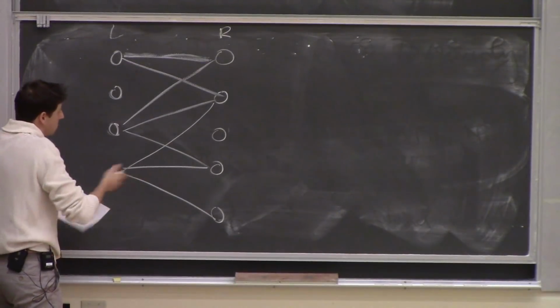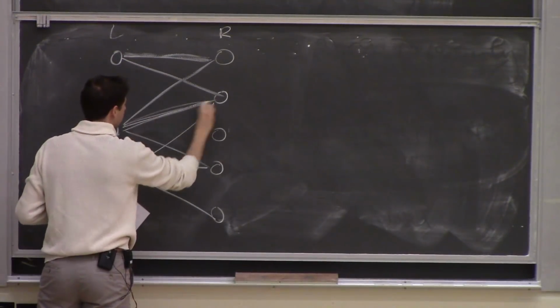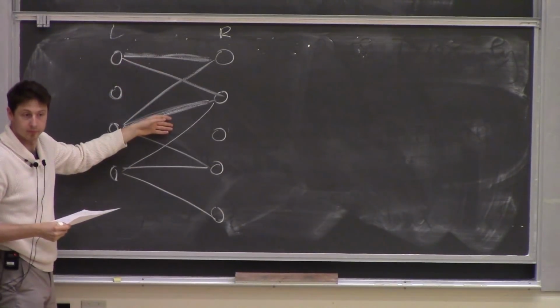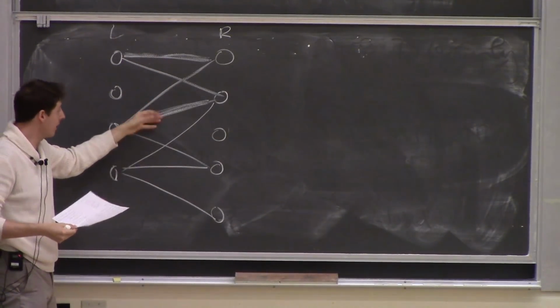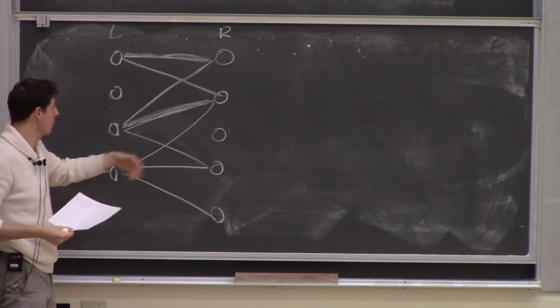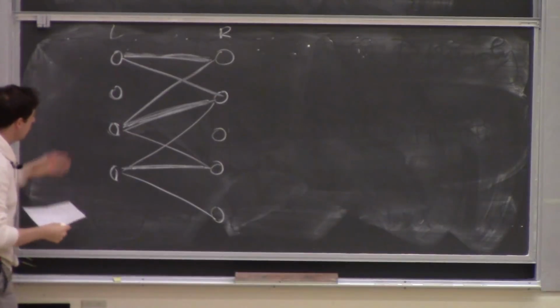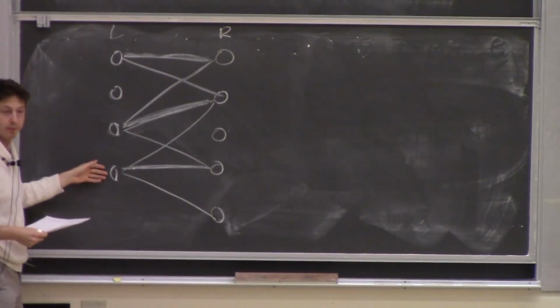So I could continue and say, okay, is this a matching, these two edges? Yes. Is it a maximum matching? No, because, for example, I could throw in this one as well, right?